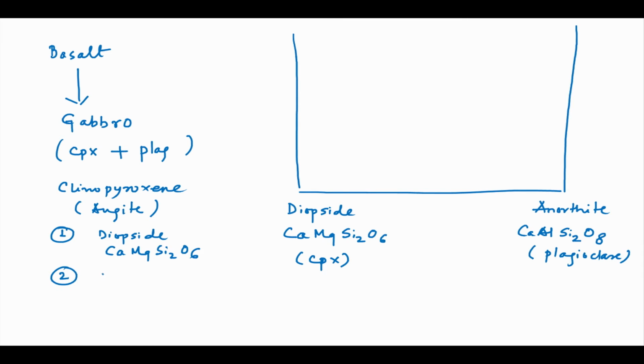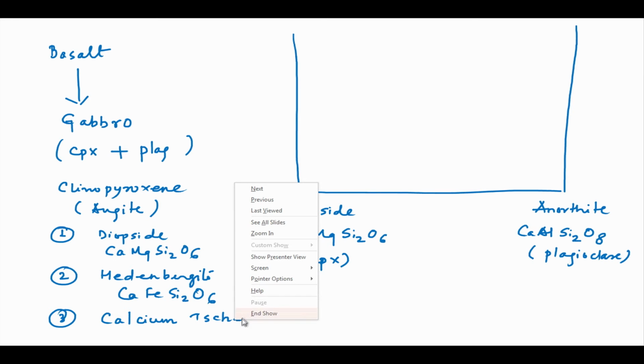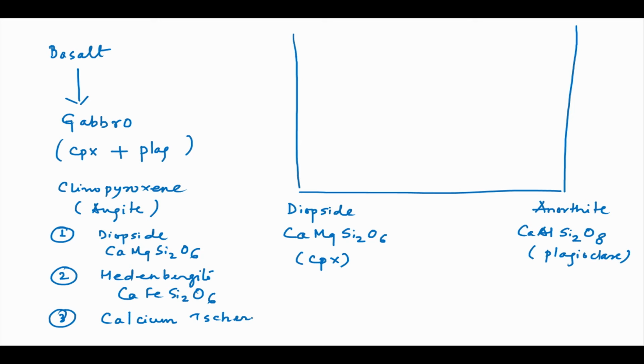The second component is Heidelbergite, and the formula is CaFeSi2O6, and the third component is calcium Tschermak's pyroxene. So it has three different components.